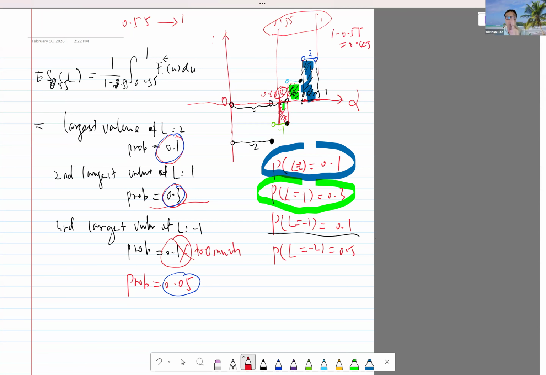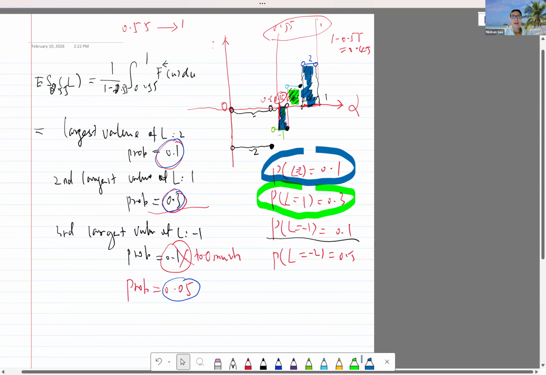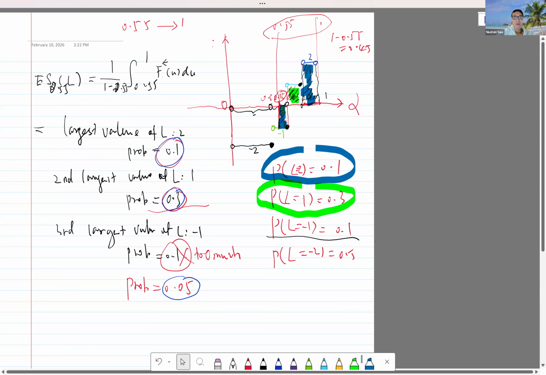So now we consider the two largest values of L. That'll give you probability 0.4. Not enough, so we need one more piece. The one more piece we're looking at is the third largest value, -1. But we only take a little bit of probability, not the entire piece. We only take a probability of 0.05, because now we are arriving at a total probability of 0.45.